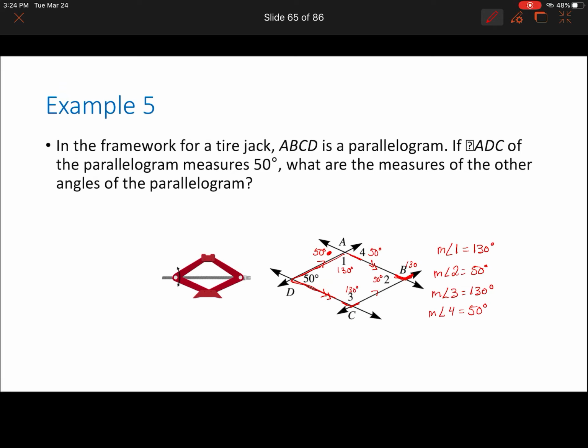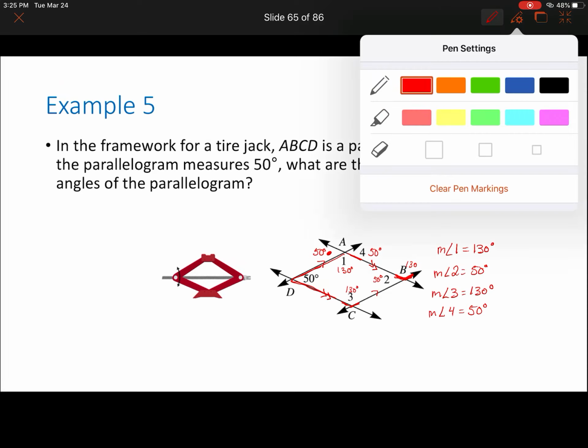So if it's named with a number like these are, it could be named with 3 letters. It could even be named with just 1 letter if there's only one angle at a vertex. So be aware of that. So we could call an angle, for example, angle ABC, where B is the vertex.